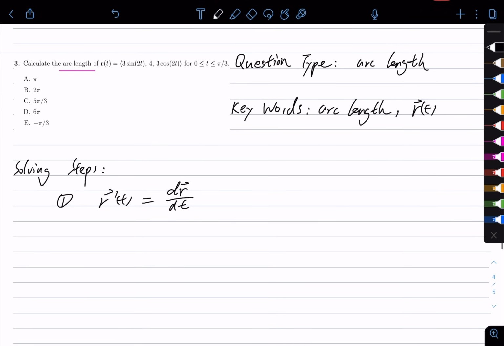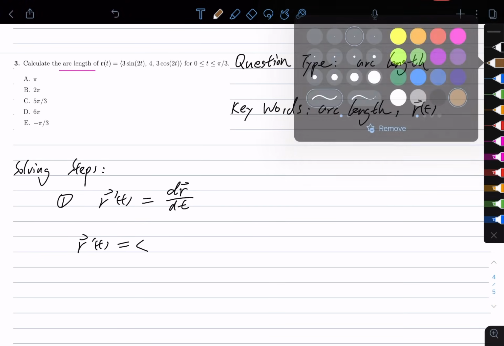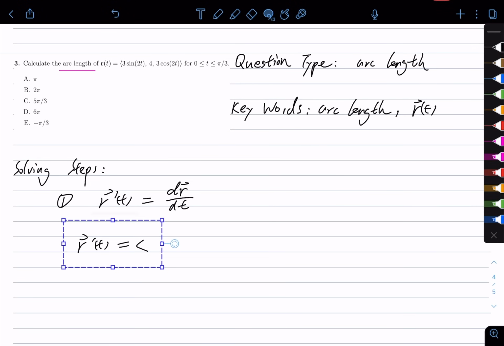So in this case, r of t, if you take the derivative, right, so let me just go ahead and change colors. This is the example specifically related to this example problem. That will give us 6 cosine 2t, 0, negative 6 sine 2t.